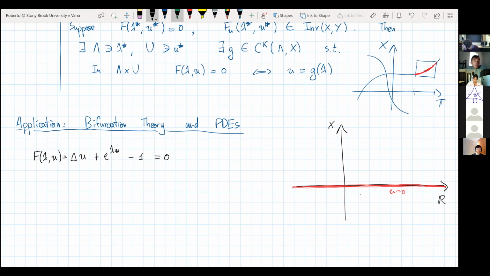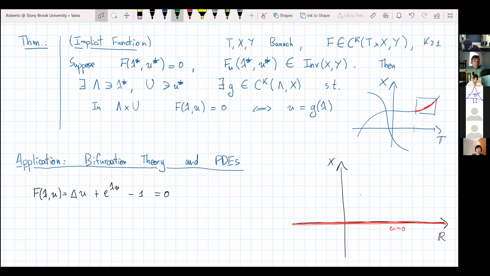It tells us that if along this branch u equals 0 we have only points where the differential of f in u is invertible, we cannot have branches that are coming out from our trivial solution.